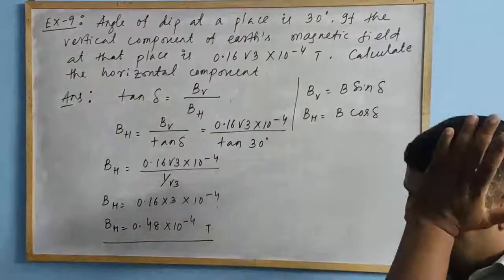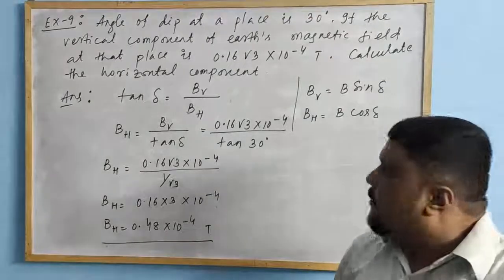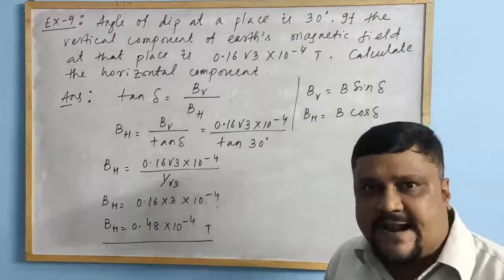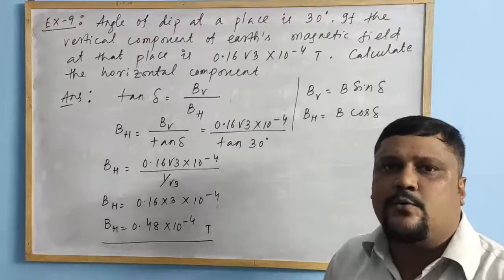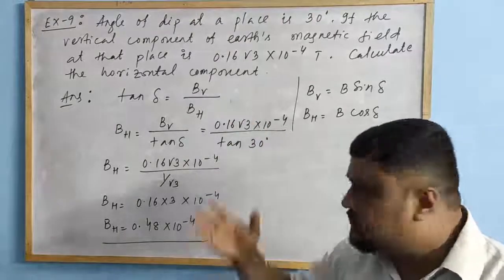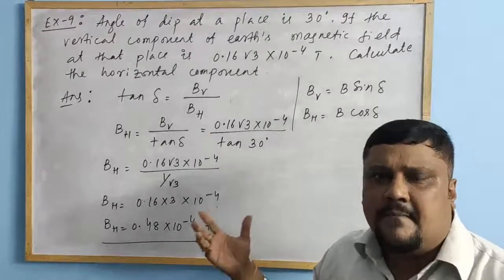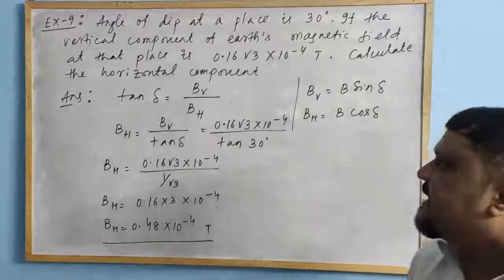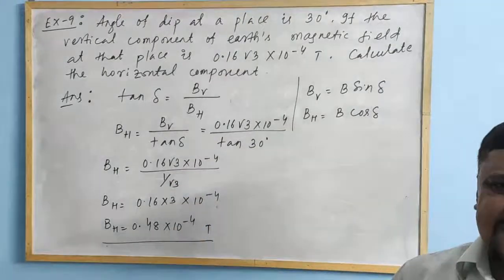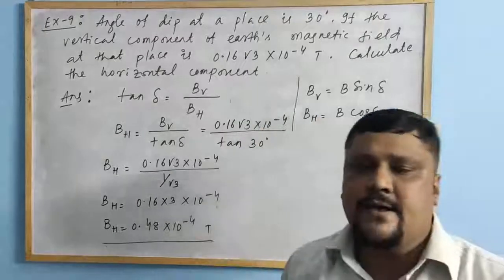So these are the 9 examples. We have discussed what we read in torque, potential energy, definitions connected to magnetism, the magnetic elements of Earth, the magnetic flux, and the relation between susceptibility and temperature. By using direct formulas, we have solved 9 examples.